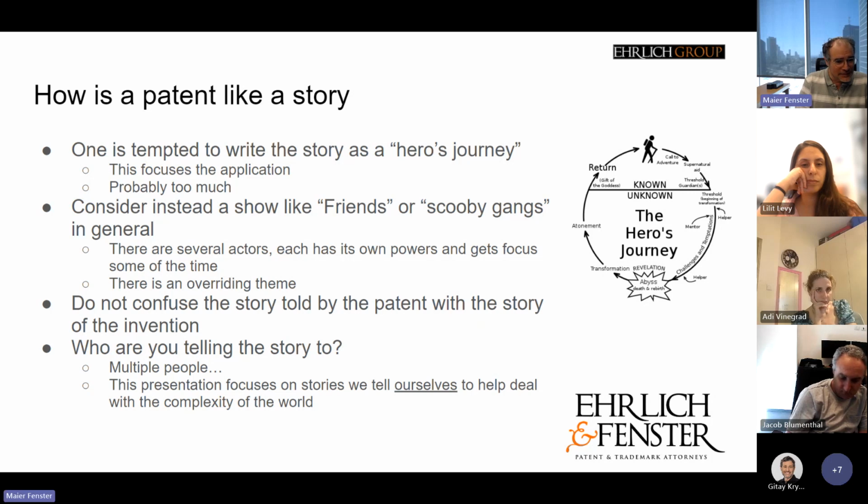There's a story told by the patent, and there's a story of the invention. And who are we telling the story to? I always say, oh, the investor, the competitor, the client. Today, I'm talking about stories that we tell ourselves in order to help us deal with the complexity of the world.